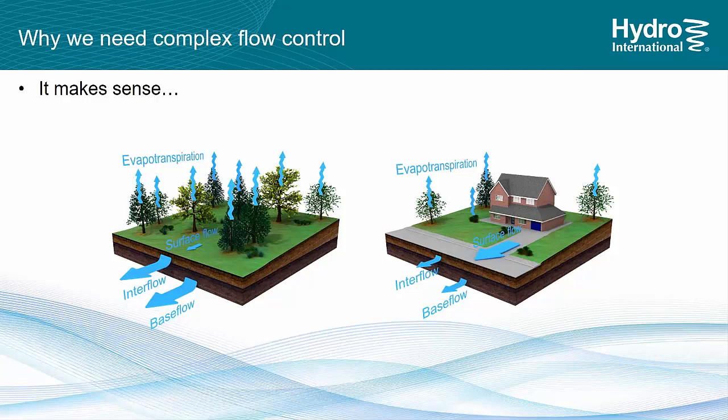So as we then construct on the site, that flow behaviour and characteristic running off the site changes, and we have that increased amount of surface flow coming off of hard standing areas that can therefore cause that change in flood risk and potential flood issues further around the site and downstream in existing areas. And so what we're trying to do with that complex flow control idea is take the built environment and built flow coming off of the site back to what that sort of greenfield behaviour was, and reduce that surface flow to a suitable level.